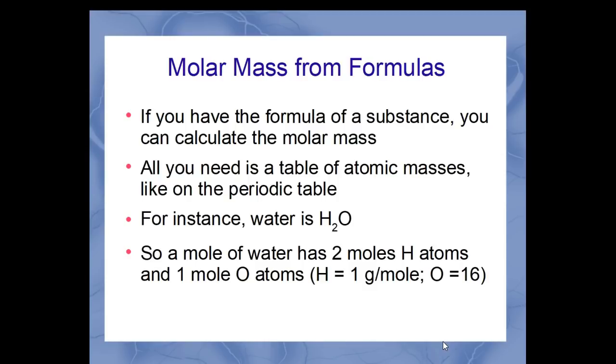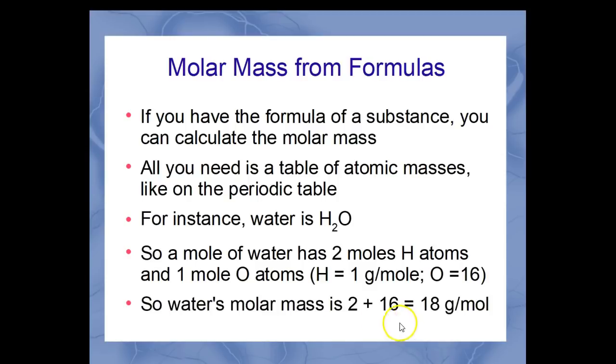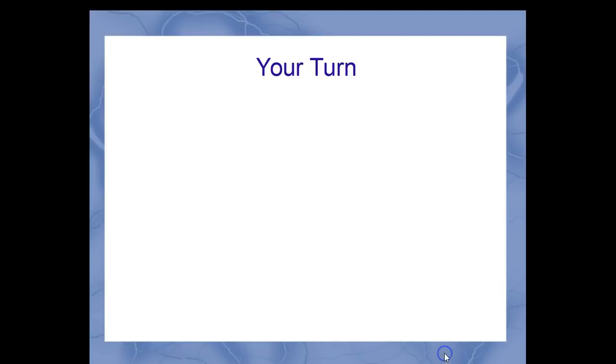Therefore, with hydrogen at 1 gram per mole and oxygen at 16 grams per mole, we add 2 times 1, 2 hydrogen atoms times 1 gram per mole, plus 16 grams per mole for the 1 oxygen, and we get 18 grams per mole for water. And all we needed was the formula and the atomic masses of the 2 elements that make up the compound.